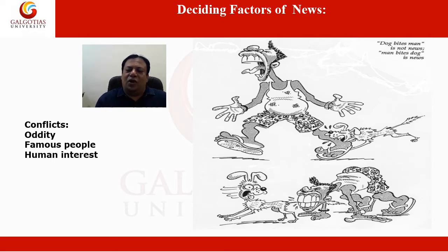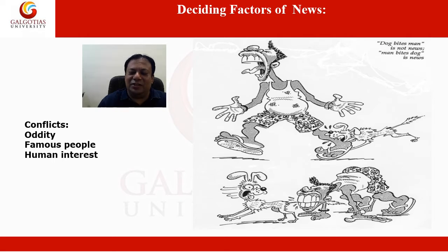Any information or updates related to famous people or celebrities automatically become news. But we are supposed to introspect how much attention we should give to these kinds of news, because nowadays a lot of people are saying that celebrities and famous persons also need some sort of privacy.